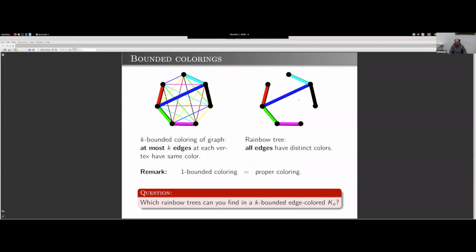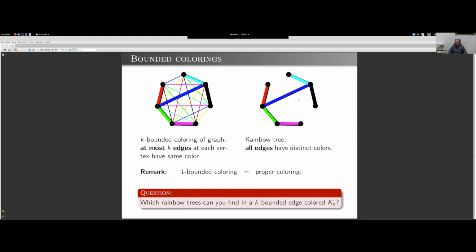But if my coloring is k-bounded, I can embed trees of size at most n over k. So the question is, can I embed any tree, some particular tree of size n over k, in such a coloring? Exactly, this is the question. So we're always aiming to embed trees of size at most n over k.